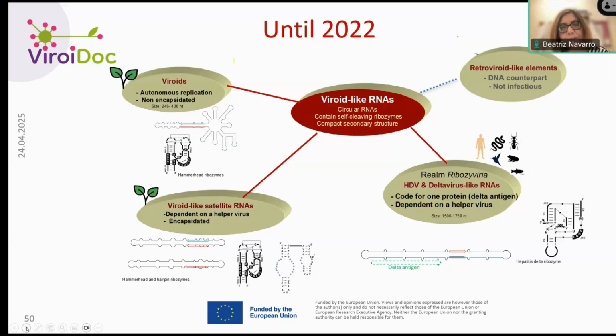Until 2022, only around 60 species of viroids and viroid-like satellite RNAs were identified, whereas with high-throughput sequencing technology, thousands of new viruses were discovered.